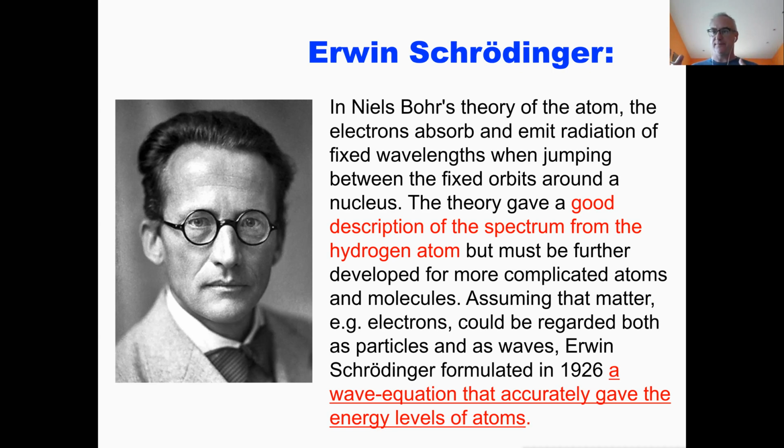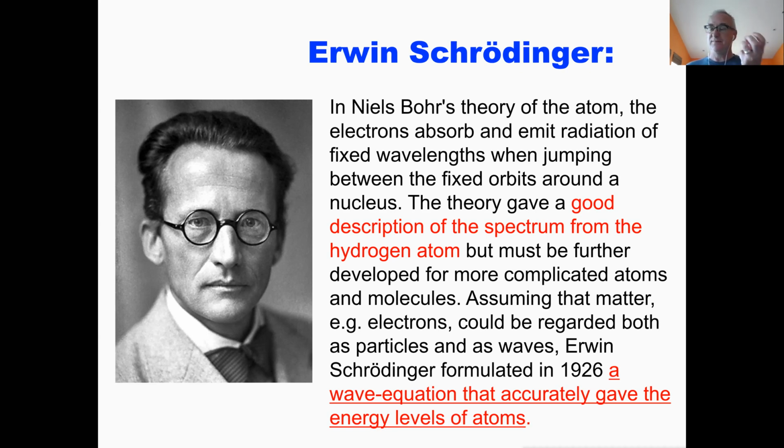There was a lot of mathematics being done at the time about waves. And so Schrodinger went, well, if I take all these equations that we've been using for light waves, and treat electrons like light waves, I wonder if that would work. And it turns out it does. It turns out it does very well, actually.